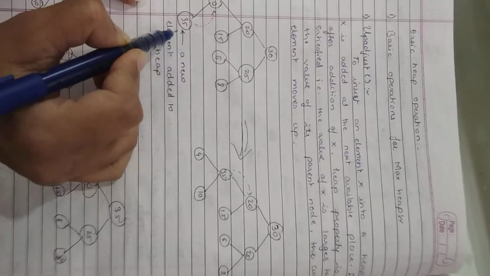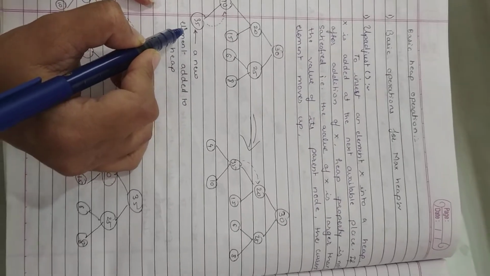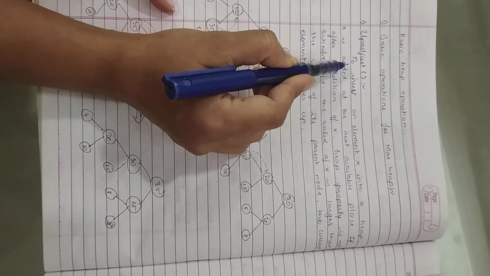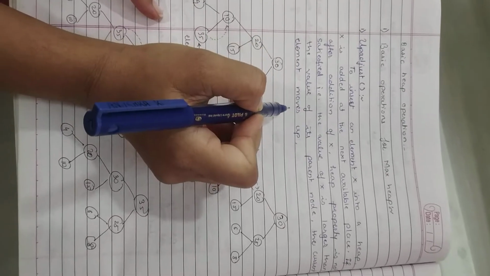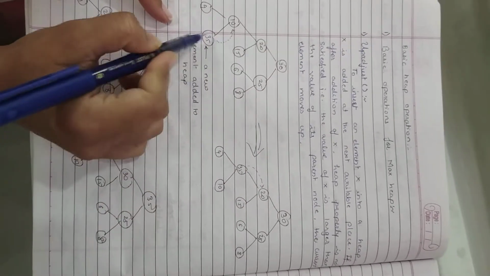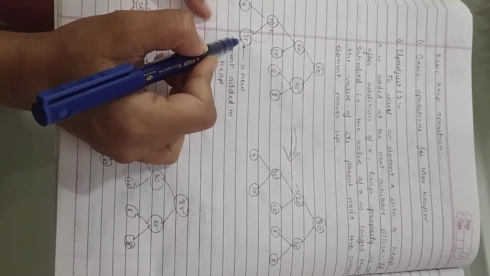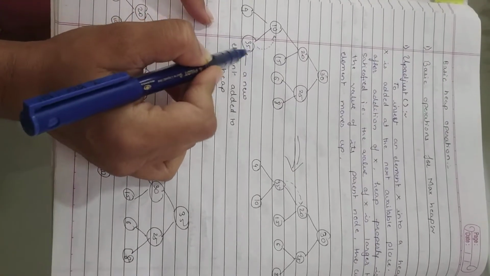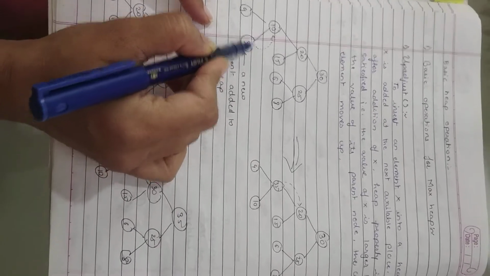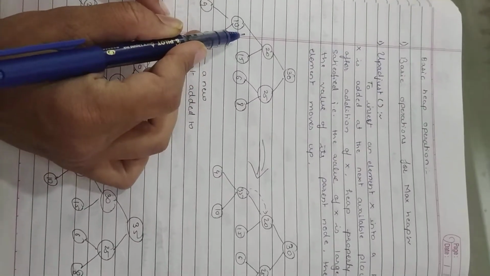In the first diagram, we have to insert 35. Up adjustment is used to insert an element, and if after inserting that element the property is not satisfied, then to satisfy that property we should move that element up into the tree.